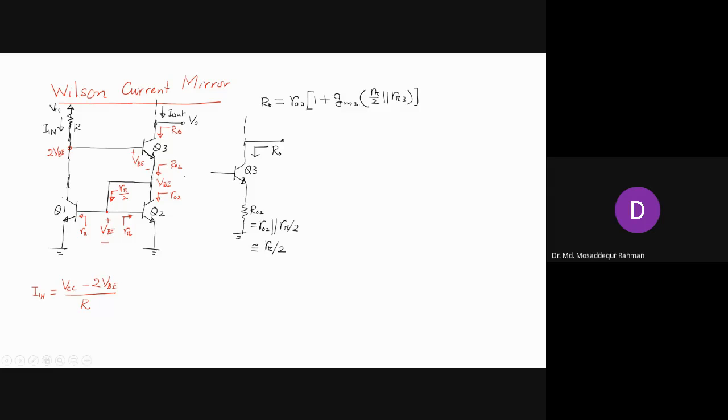Is that clear, guys? Yes, sir. Now, if we assume that all our parameters are the same, r pi the same as r pi3, for the sake of simplification of analysis, and we drop the subscripts, so we write just r naught, that will be 1 plus gm, and this parallel combination will be R pi by 3.